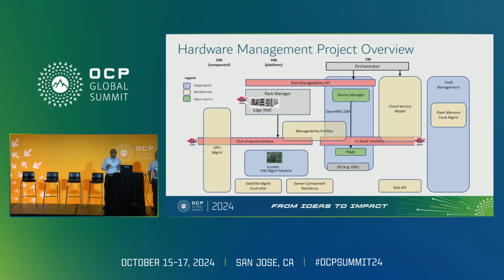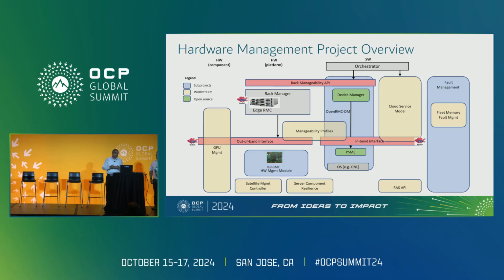Below that is hardware-level management, where you see Run BMC, which is the hardware management module. Then you have all the manageability profiles, which cover in-band and out-of-band management. As you move up, you have rack management, where the sub-project defines the API. And then you have the orchestration level, where the device manager implementation comes into the picture.